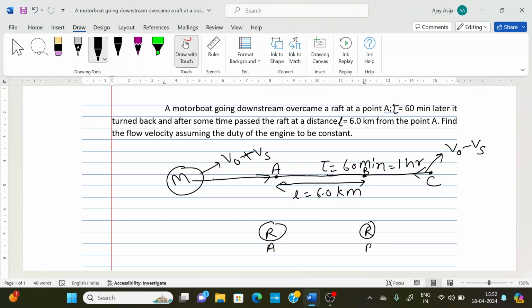Also this is A, this is B. So this distance which raft has moved is 6.0 km.